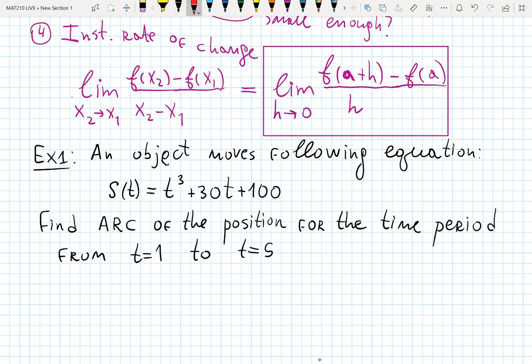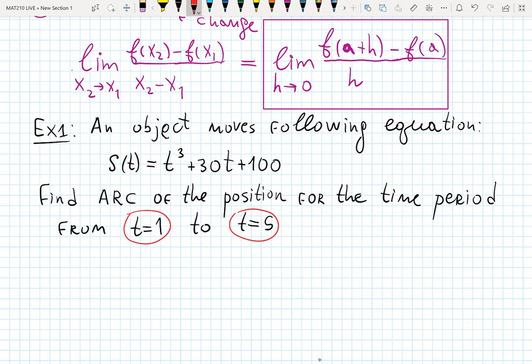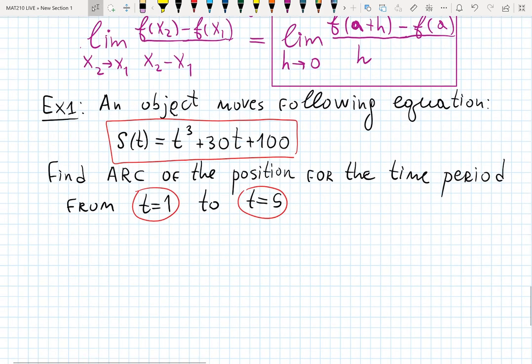That's like 5 seconds, for example, of making a video, or maybe this is a flight of the plane trajectory. And we want to know the average rate of change of the plane that's flying.